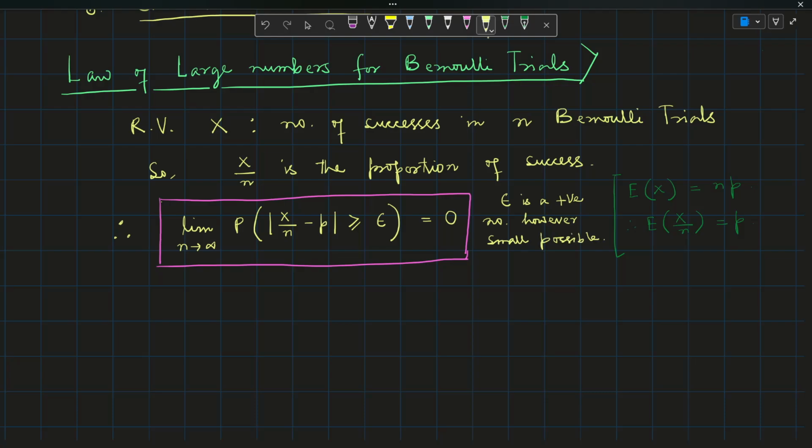Now pause for a moment and think about it. Just understand what this formula is saying. I'll write it down.